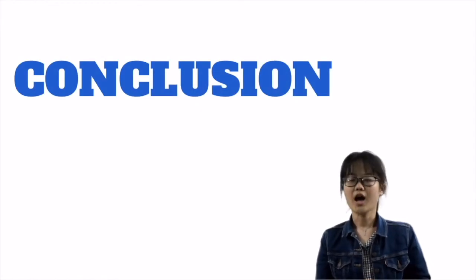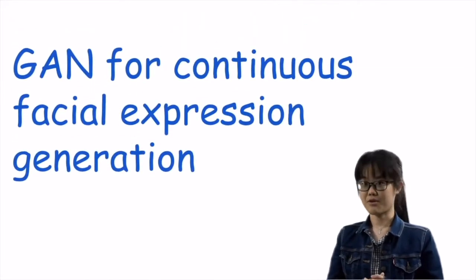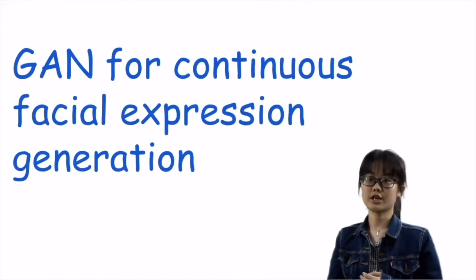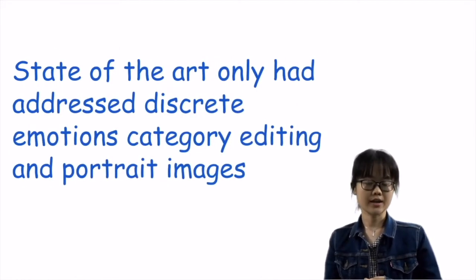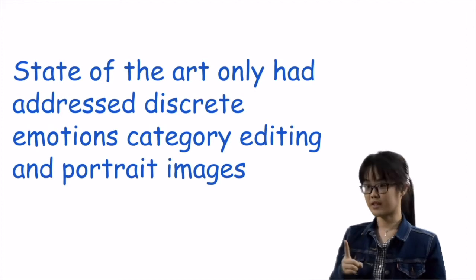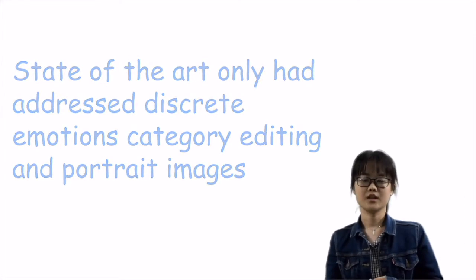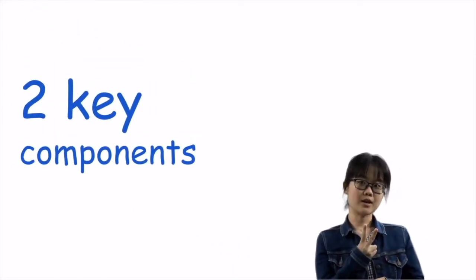To conclude, we have presented a differentiable renderer capable of changing the expression of a person, not requiring any training sample, and only from a single image. To do this, we have two key components.